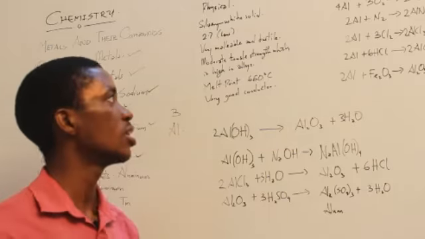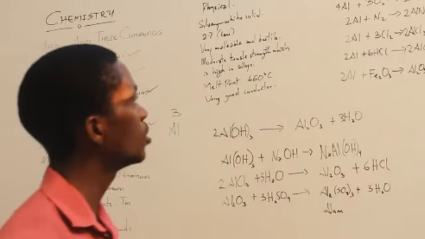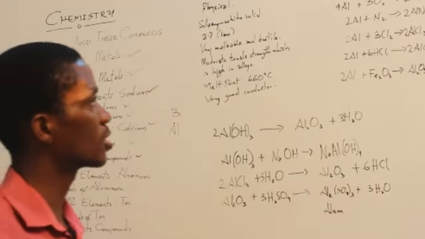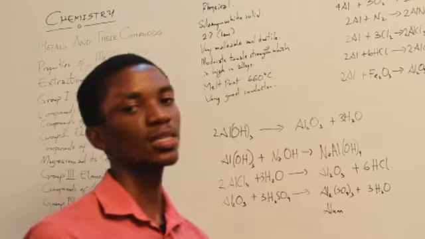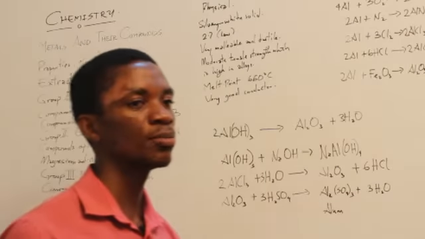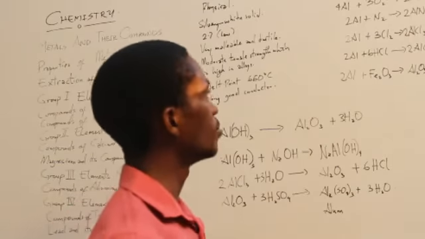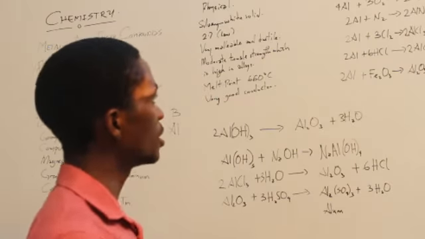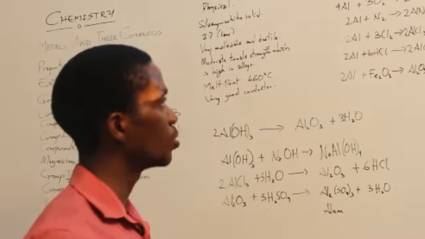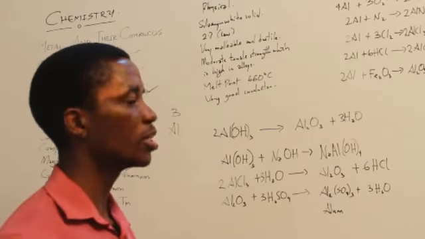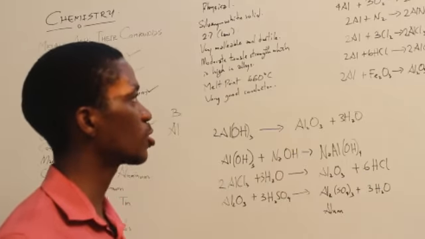Let's come to the chemical properties of aluminium. Aluminium reacts with the oxygen in air to produce aluminium oxide. It also reacts with the nitrogen in air to produce aluminium nitride. It reacts with chlorine and other non-metals in direct combination reactions to produce different salts.